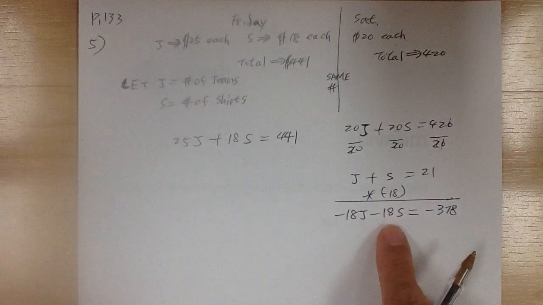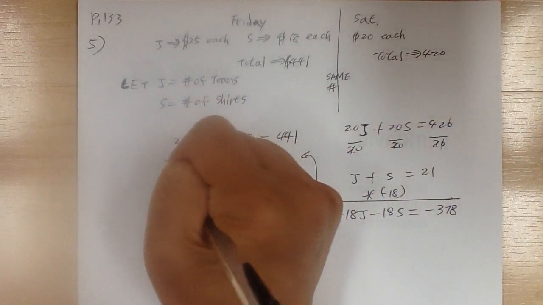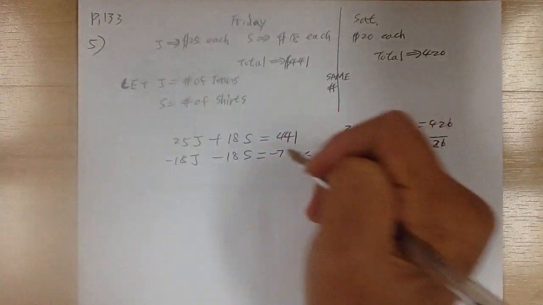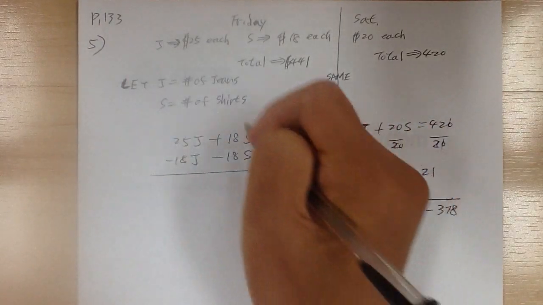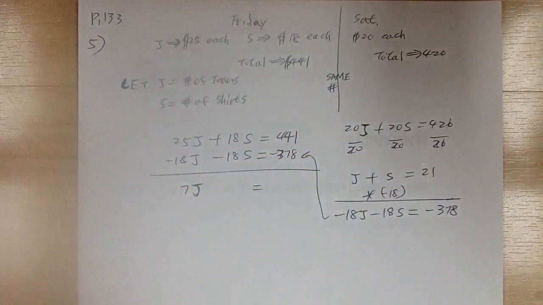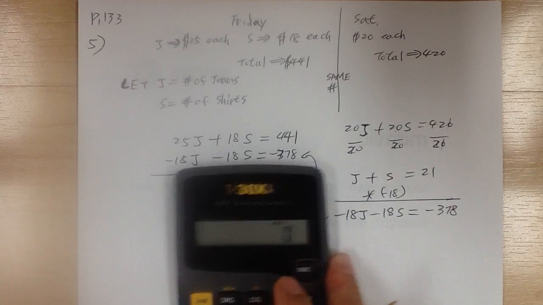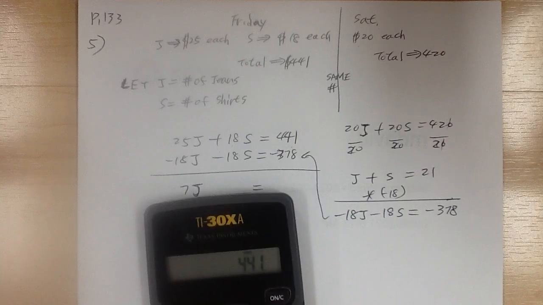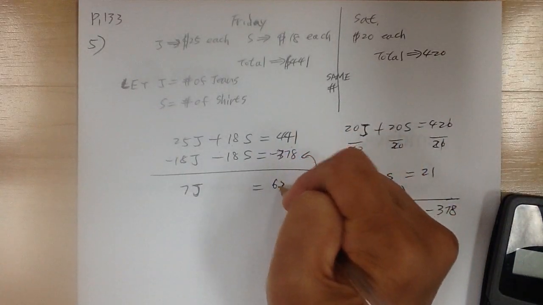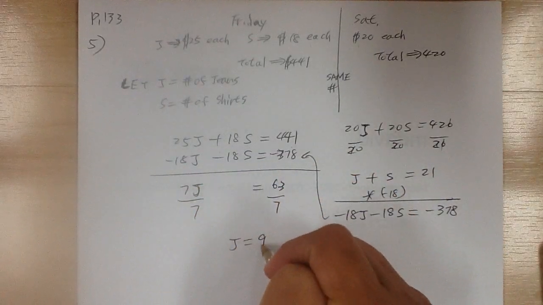Okay, so now I'm going to put this under here, and I eliminate the S, so I get 7J equal to 63. Okay, so divide by 7, so J equal to 9.